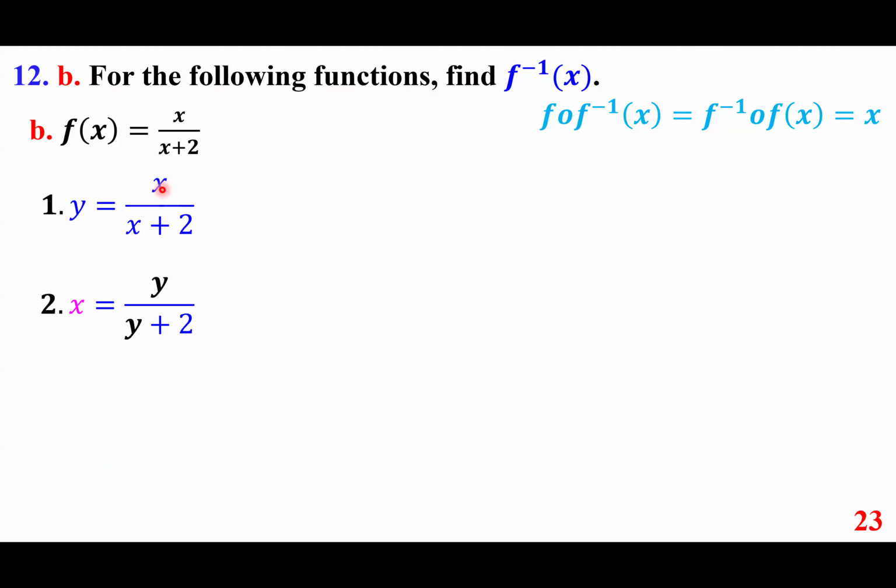Sometimes you can just solve for x and at the end change it to y. The other method, if you come across it, is that you could solve for x, the finished job, x equals something as a function of y, then interchange x and y. That works the same. In any event, since you want to solve for x, you're going to do the cross product.